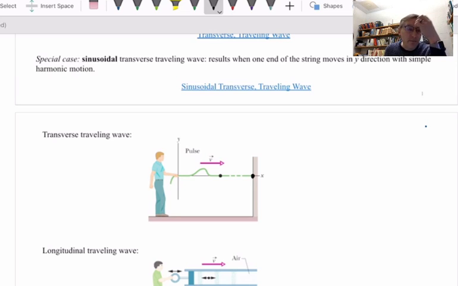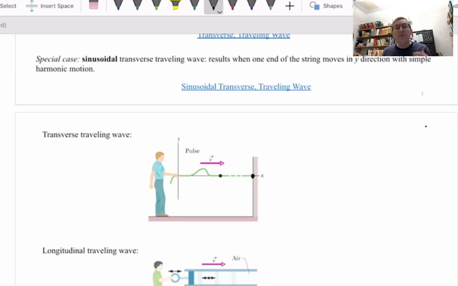And if the medium, the string or rope, is undisturbed, the rope would just hang there horizontally. I'm holding it under tension with my hand there at the left end. And it would just lie right along the x-axis, and it would be undisturbed, no wave at all.